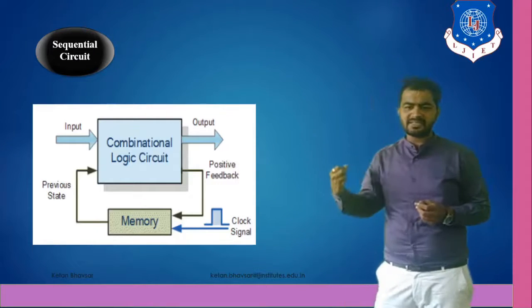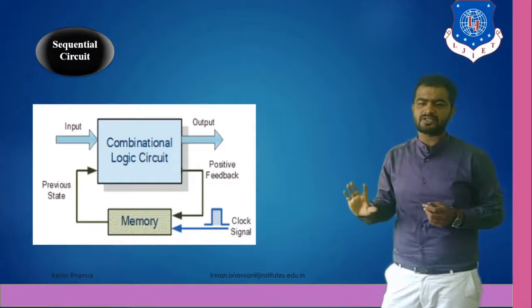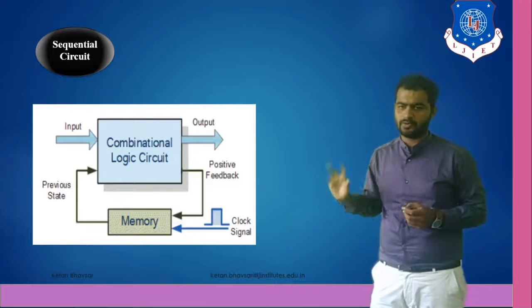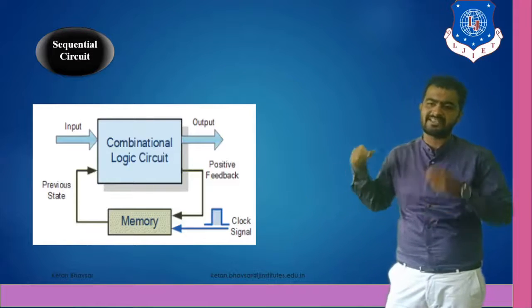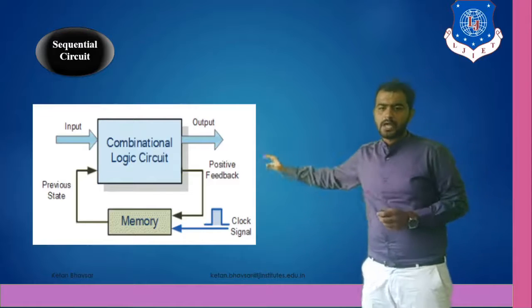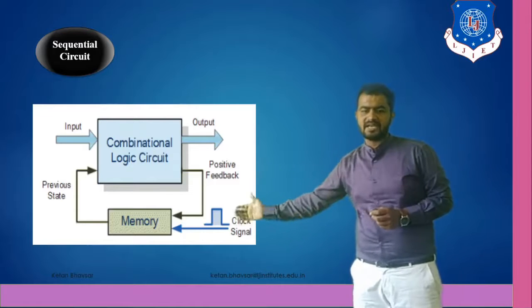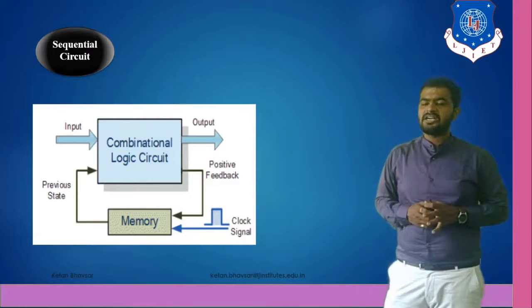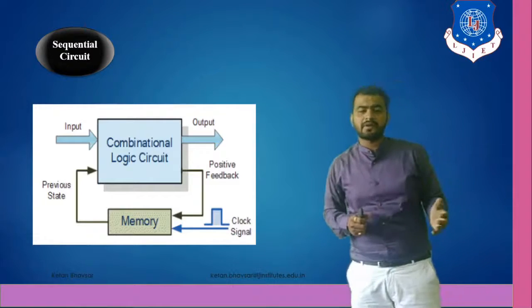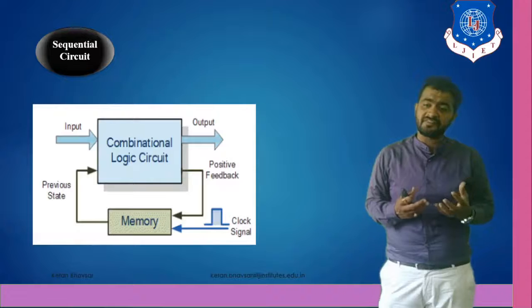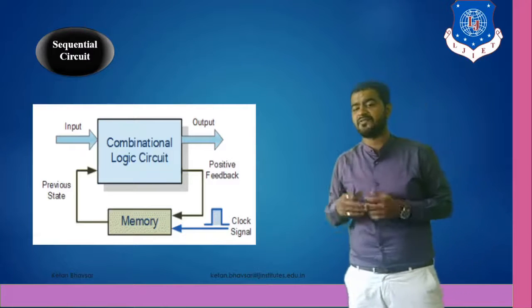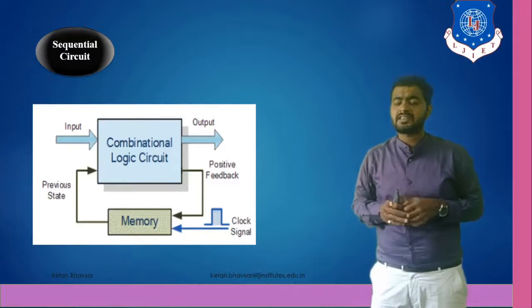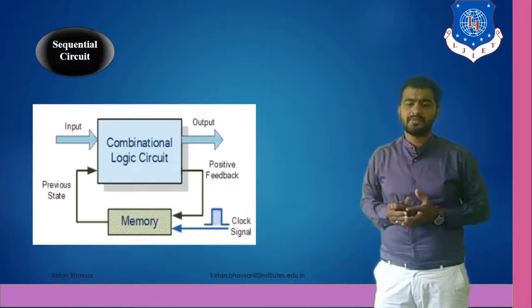Right now, just assume that we have a clock pulse, either rising or falling. You have some output, then it goes to the memory element in terms of flip-flop. There are a number of flip-flops, like the D flip-flop, T flip-flop, JK flip-flop, SR flip-flop.